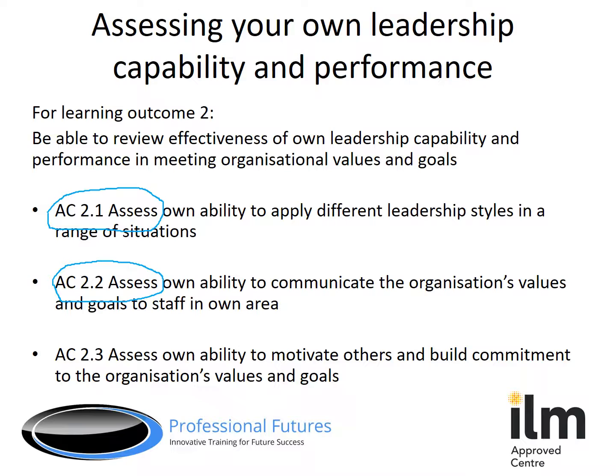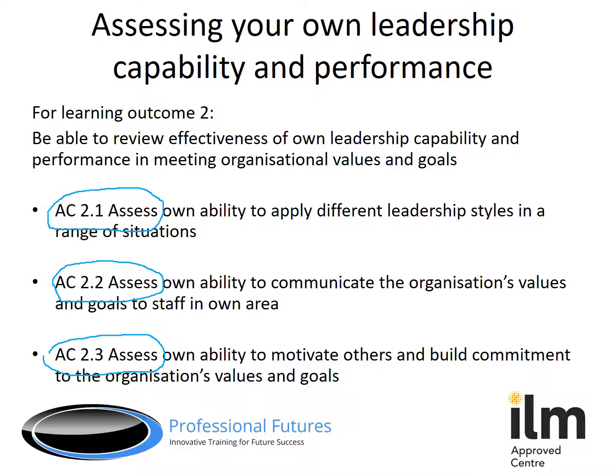Okay, and the last assessment criteria in order for you to meet learning outcome number 2 is assessment criteria 2.3, which again requires you to assess your own ability to motivate others and build commitment to your organisation's values and goals. Again, you're picking on yourself. You're looking at how good you are, or how much improvement you need to make in order to become more effective in these particular areas.